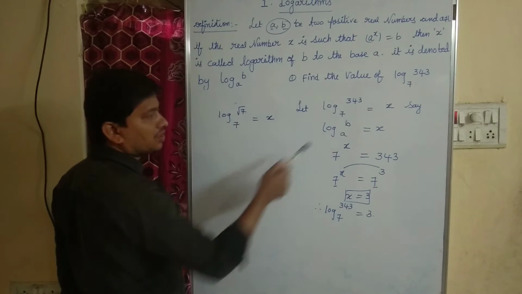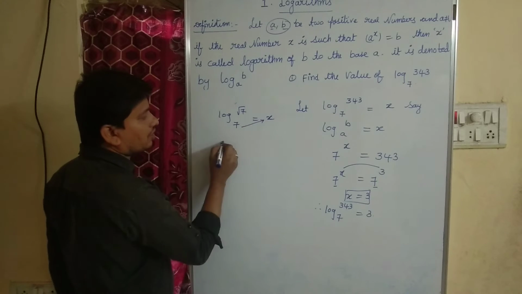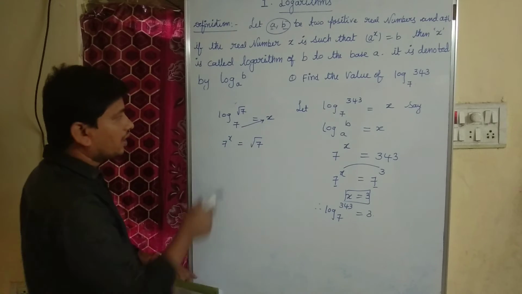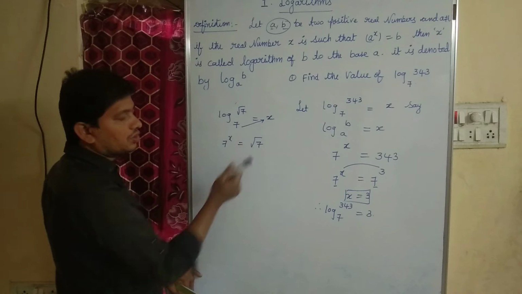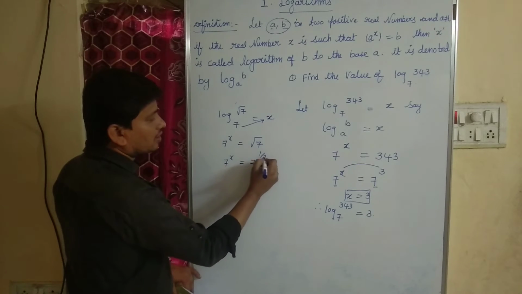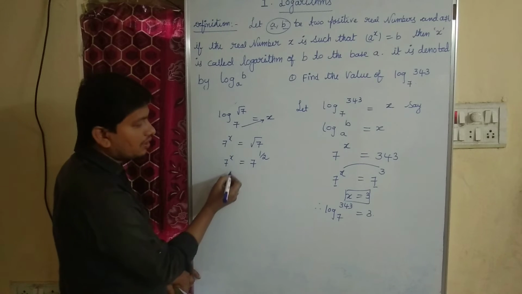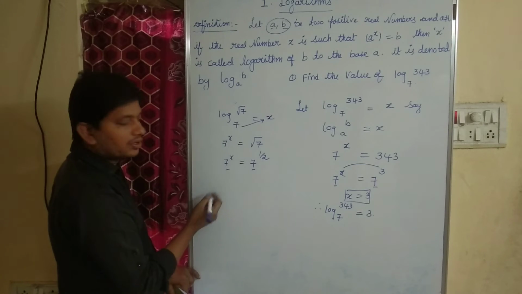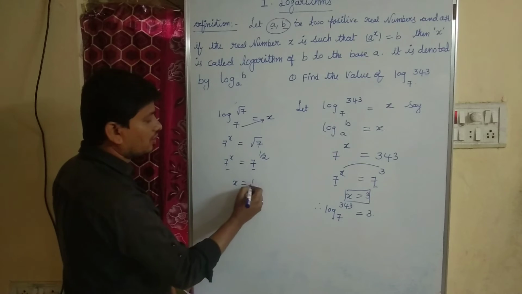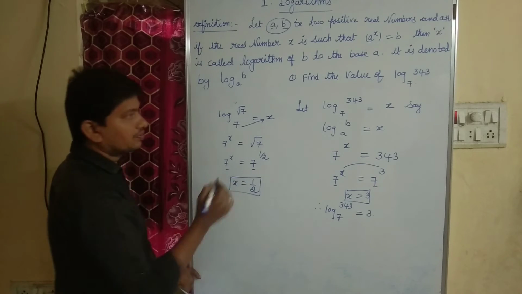Convert into exponential form: 7 to the power x equal to root 7. How can I write root 7? Root 7 I can write as 7 power 1 by 2. Again, as bases are equal, powers should be equated. So x is equal to 1 by 2.